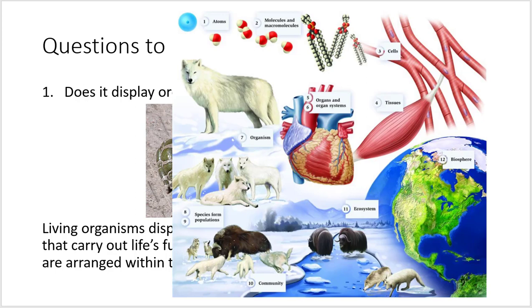All the way up to even how multicellular organisms are made out of tissues, which are multiple different cell types that are arranged in a very specific manner, right? So all living things display order on many different levels.